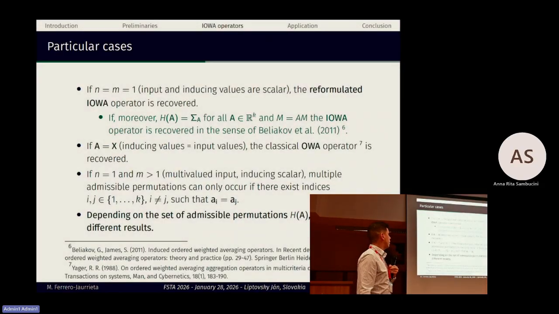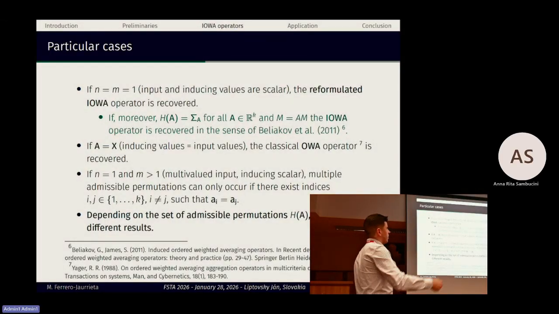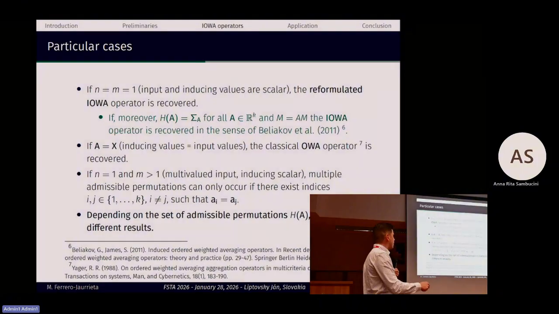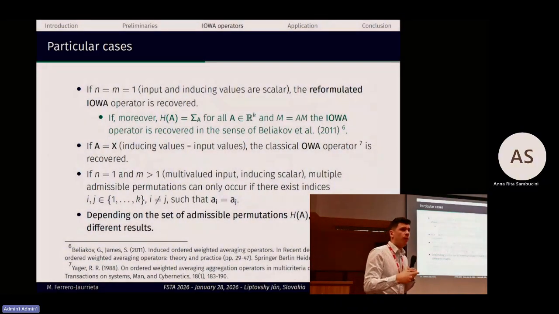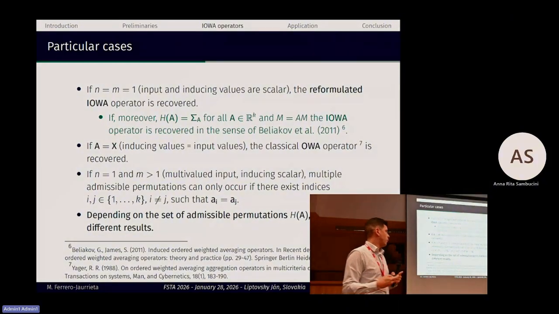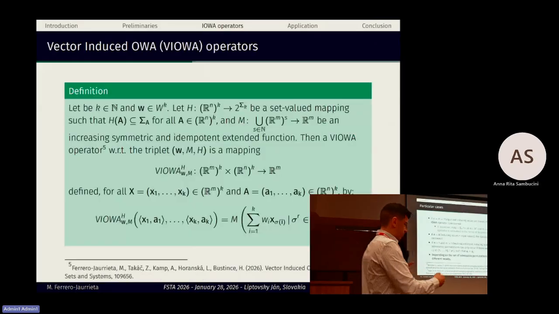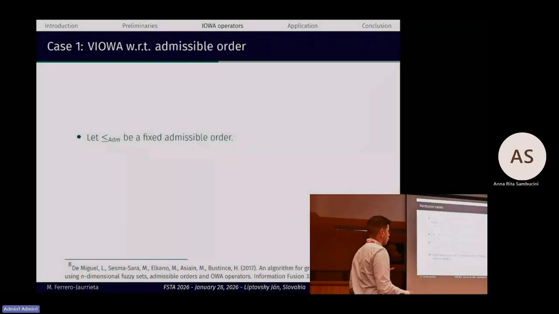If the input is multi-valued and the inducing value is scalar, we can only obtain multiple admissible permutations if we satisfy the following conditions. And now, as I have said before, I'm going to present two special cases depending on the set of admissible permutations H, which we are going to base on the same definition.